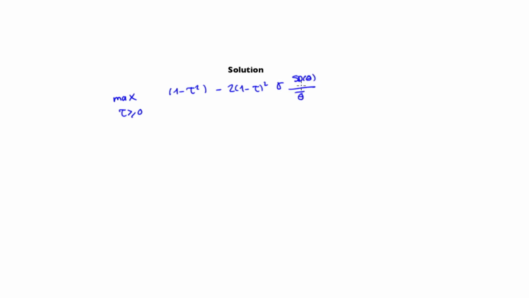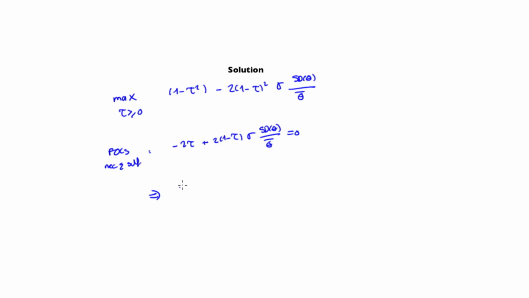Now, notice that we saw before by the Laffer curve that this problem was going to have a unique maximum. So we can just take the first order conditions, which are going to be necessary and sufficient, and we get that they are minus 2 tau plus 2 times 1 minus tau times sigma SD theta divided by theta mean equal to 0.